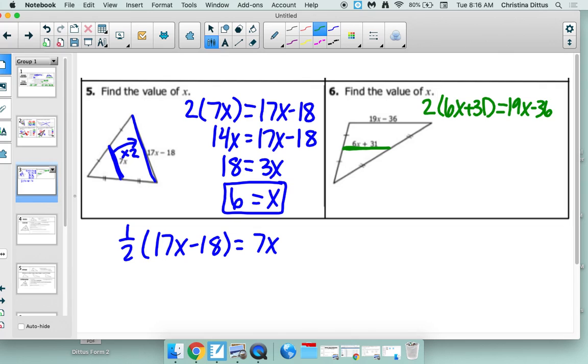Yeah. Okay. So 2 times 6, 12x plus 2 times 31, 62. Still equals that 19x minus 36. Subtract your 12x, we get 7x. Add your 36, we get 98. Which makes x 14.